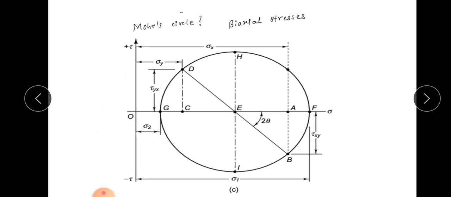This Mohr circle construction, which I have already explained, gives the relationships for sigma 1, sigma 2 and tau max, so we can calculate their values. But we do not get the information whether the stress value, sigma 1 or sigma 2, is under a safe condition or not. For that we have to apply the theories of elastic failure.